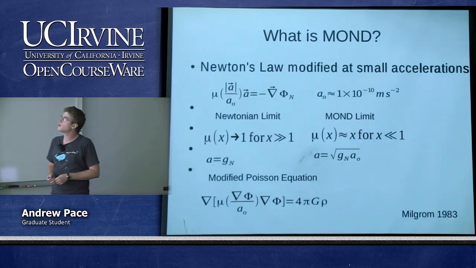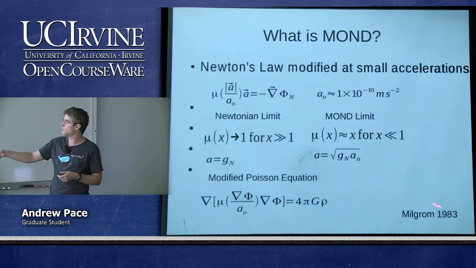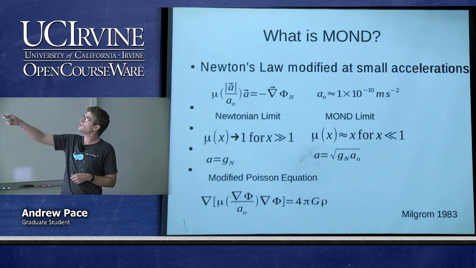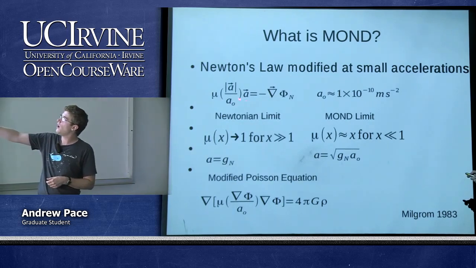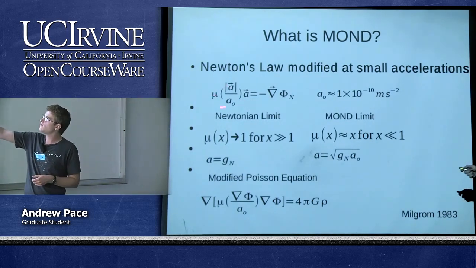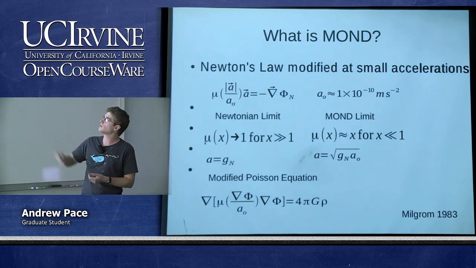Okay, so first I'll start by defining MOND as it was first envisioned by Milgrom in 1983. What we want to do is modify Newton's law at small accelerations. So instead of saying ma is equal to minus the gradient of the potential, we want to say it's some functional form of the acceleration times the acceleration, and that gives us our potential.